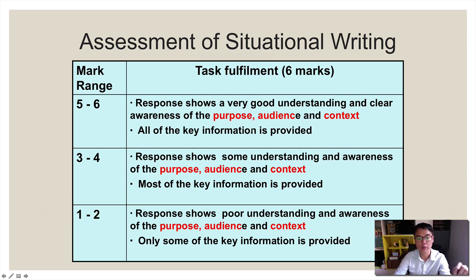And later on, we're going to talk a little bit more about what purpose, audience, and context mean, and what all of the key information means. If you have both of these points, then you can get the maximum marks for your task fulfillment or content.